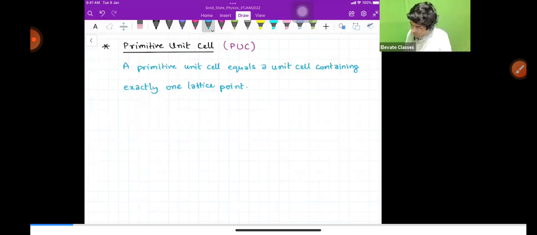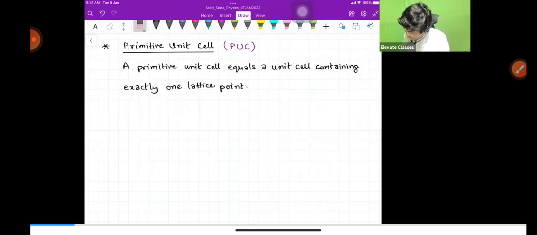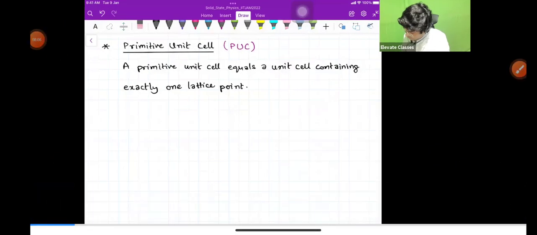It doesn't talk about the atom. Be clear. So exactly one lattice point. This is not atom, lattice point.